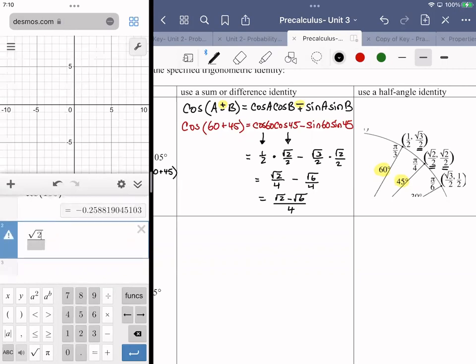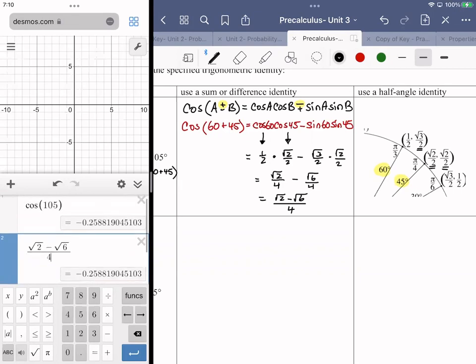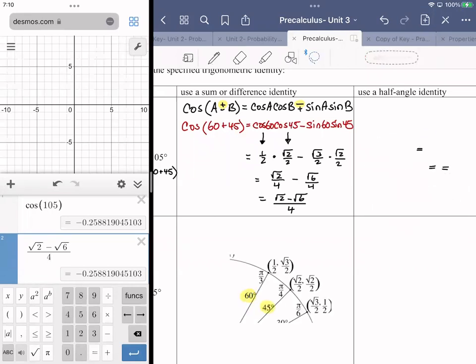If we put in radical 2 minus radical 6 over 4, we get that same decimal. But the odds of you coming up with that radical ratio from the decimal are very, very remote. So that's really where it's at.